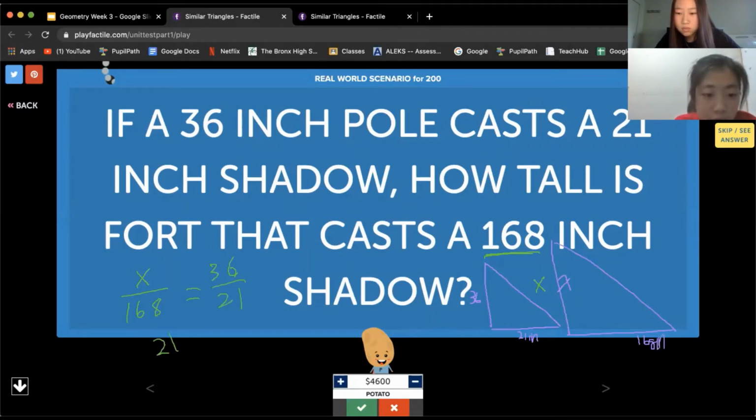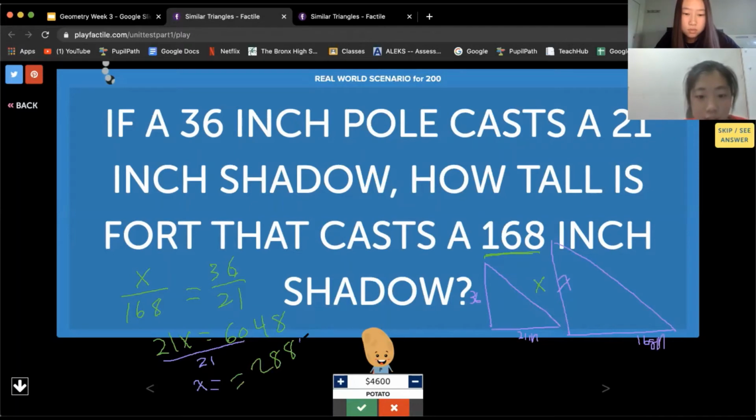So it's 21x equals 6048, and you divide by 21 and you get 288 inches. Okay, so that is the height of the fort. So this x right here equals 288.